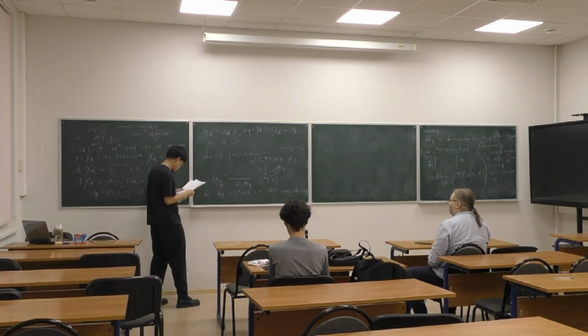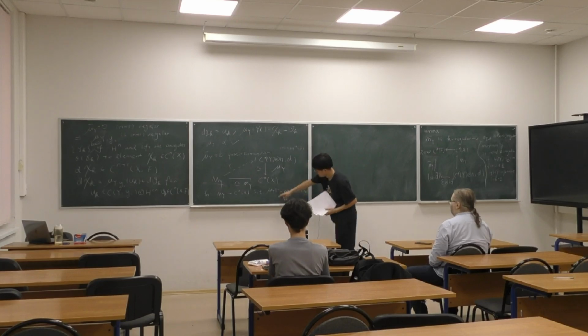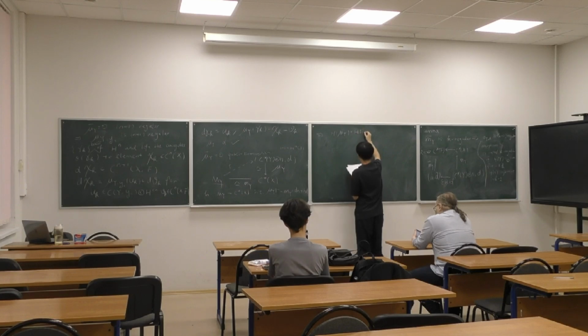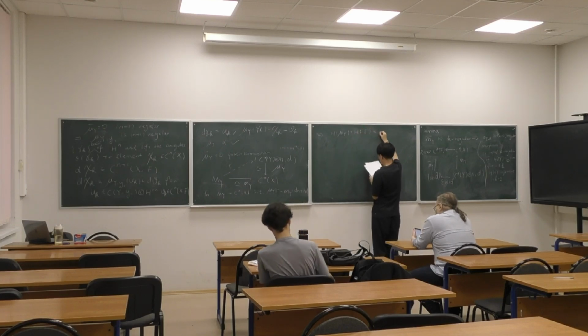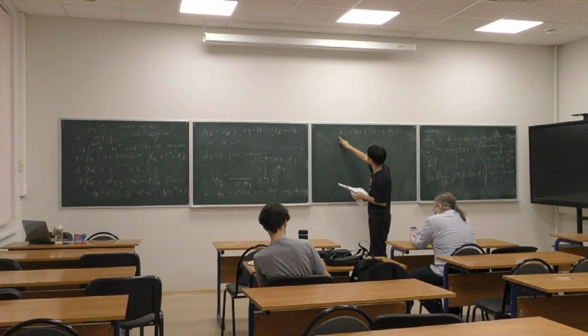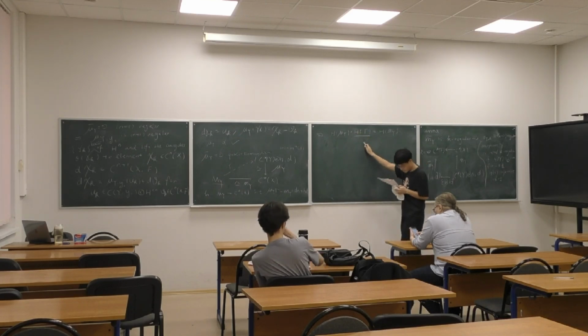You use this property, you can get H gamma, and this is an isomorphism in homotopy category, and so you get this is a quasi-isomorphism.